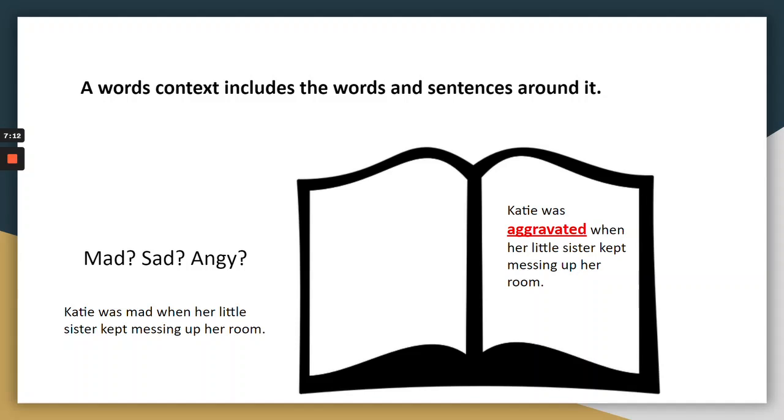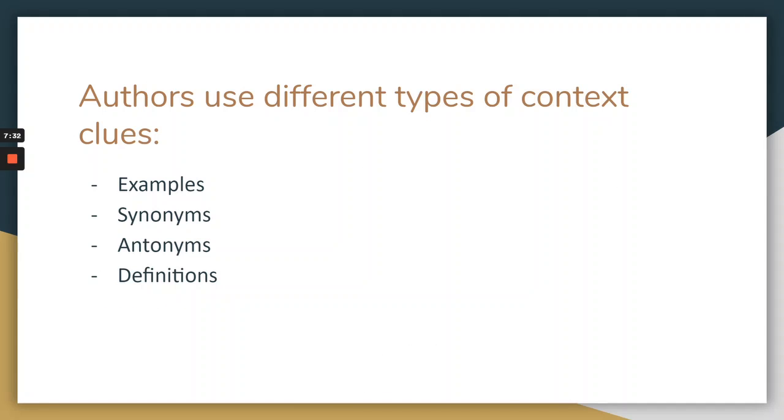Even when I painted a picture in my head and placed myself in Katie's shoes, non-literally, I was able to feel that same emotion. I was not happy. Aggravated. Katie was aggravated, upset, mad that her little sister kept messing up her room.